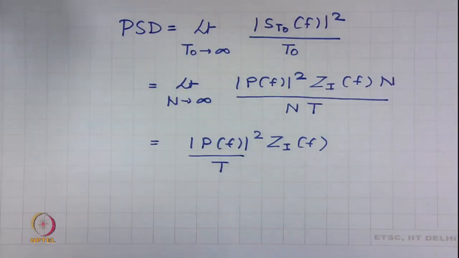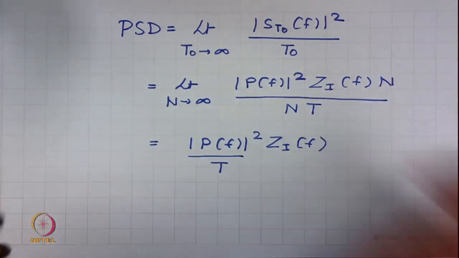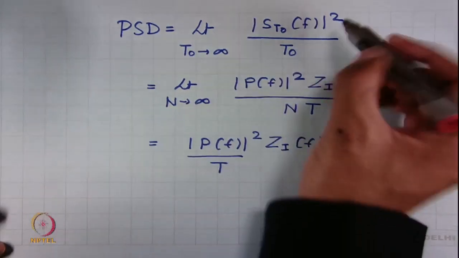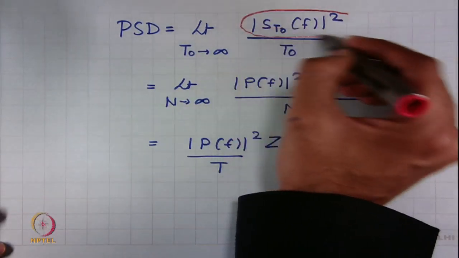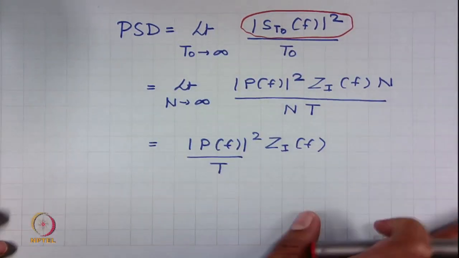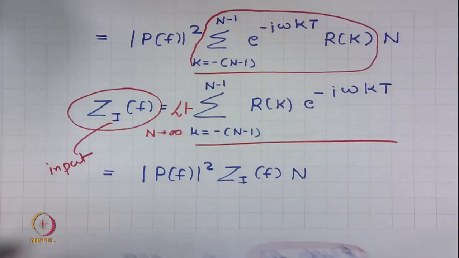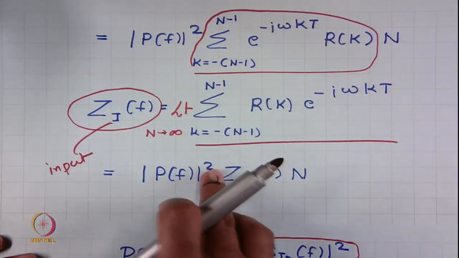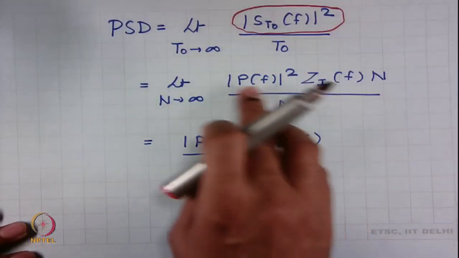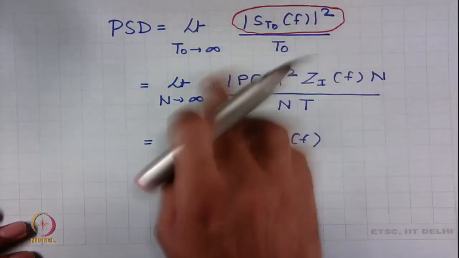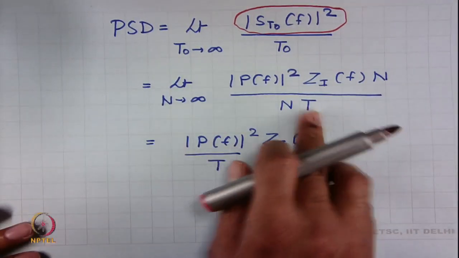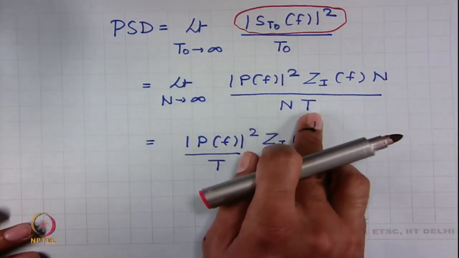Finally, coming back to what we were deriving and see what we have got now. By definition we said power spectral density is this quantity where limit T naught tends to infinity, and this quantity we have already evaluated now. We have evaluated the energy spectral density, which we have derived. It is nothing but mod of p f square Z I f times n, using this value of energy spectral density here, and T naught, as we have said, is nothing but n times t, number of samples into the time difference between the samples.